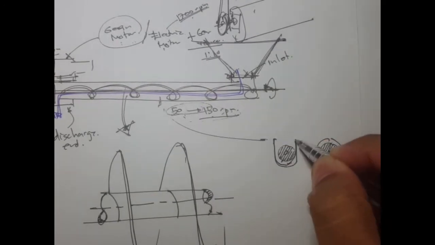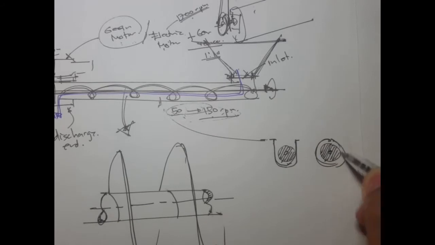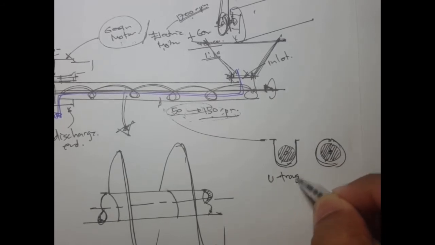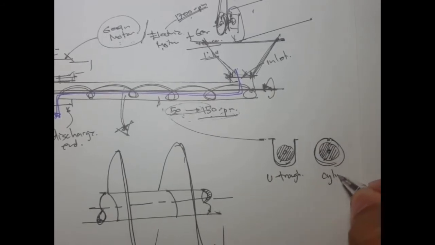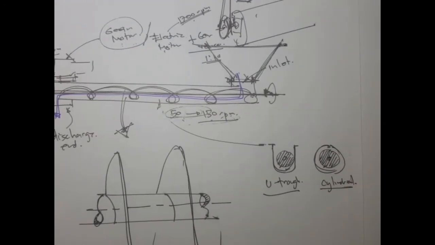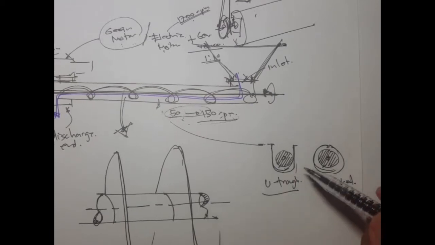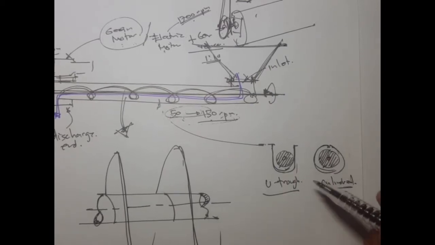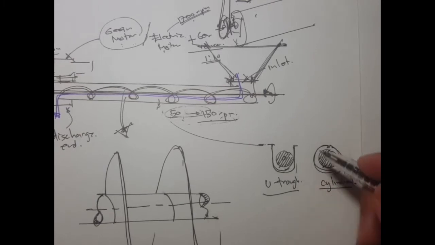Our casing can be a U shape called U trough, and this one is cylindrical. In some situations wherein not much sealing is required, the U trough can do the job.